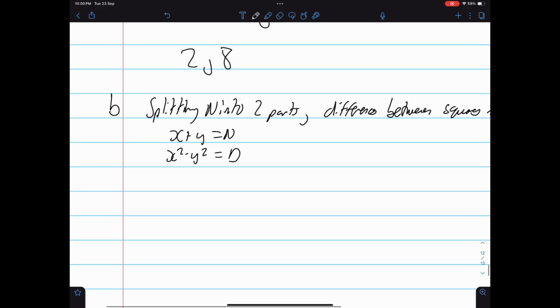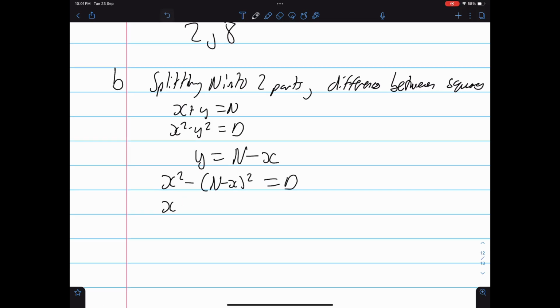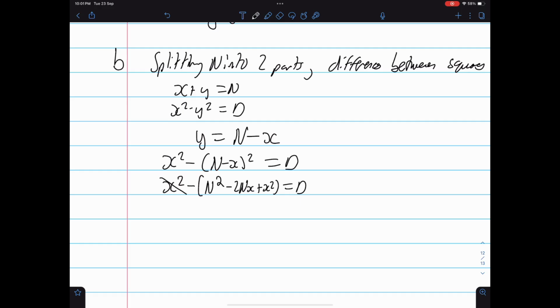So, y equals n minus x, so x squared minus (n minus x) squared equals d, so x squared minus n squared plus 2nx minus x squared equals d. Those eliminate. So you just get 2nx minus n squared equals d.